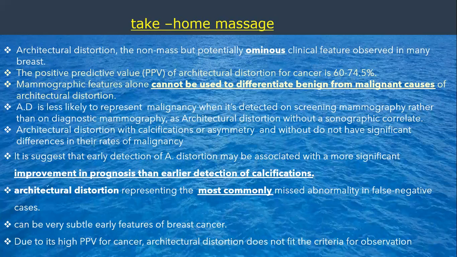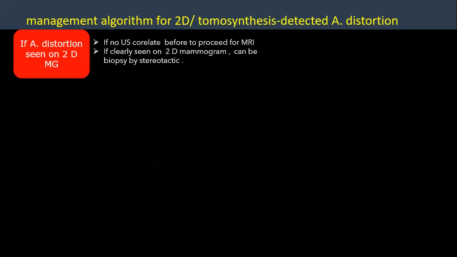Go for biopsy. What is the algorithm to manage architectural distortion detected on 2D or 3D? If you prove this is a real abnormality, an architectural distortion on 2D mammography, and you have the facility for 3D, do the tomosynthesis to prove it.